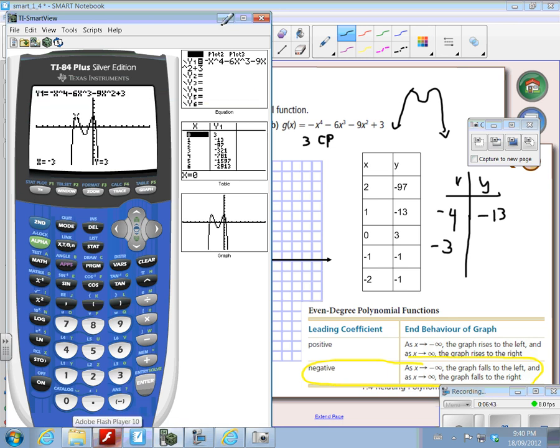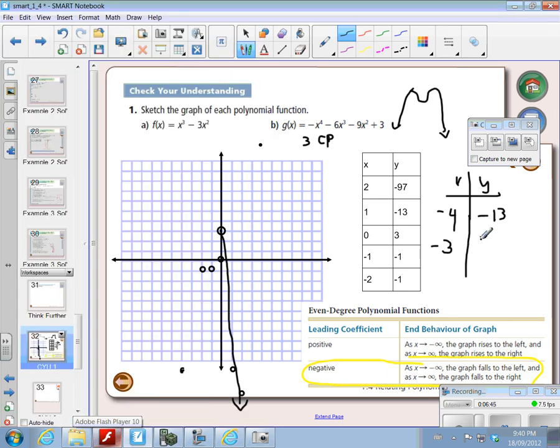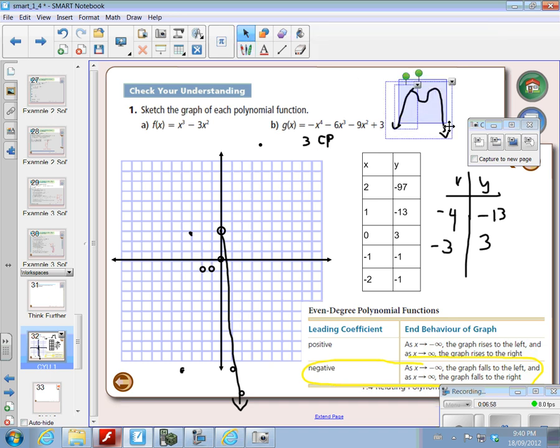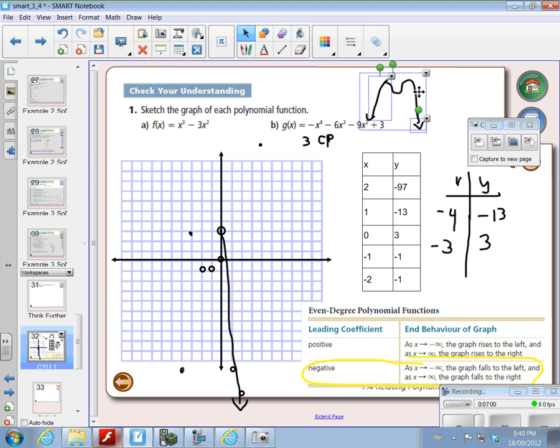Okay, now I think we're in business. So it's -3, 3. Now I've got something that resembles my original assumption quite closely over here.